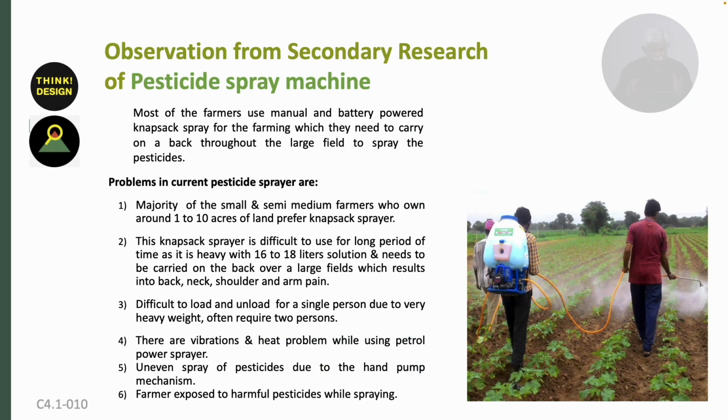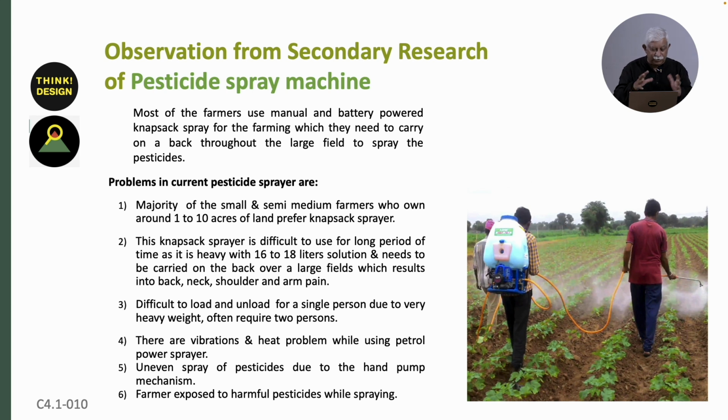So, from his secondary research again, most of the farmers use manual and battery or powered knapsack. So you can see that it's like a backpack which you put on your back, and you have to carry this heavy load to spray pesticides. They prefer this, and it's difficult to use it for a long period of time because you're holding about 20 liters of liquid.